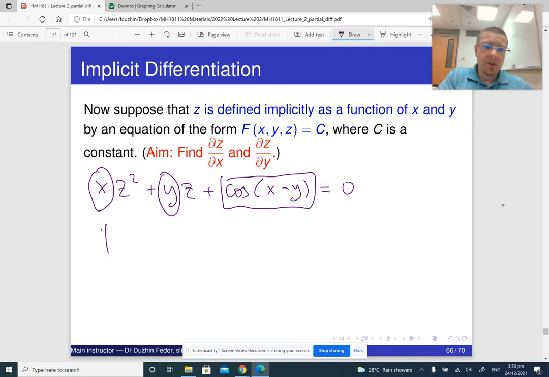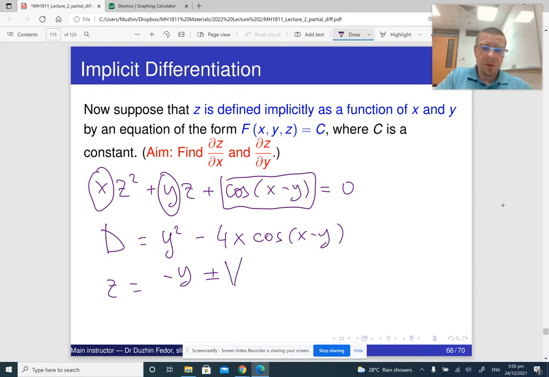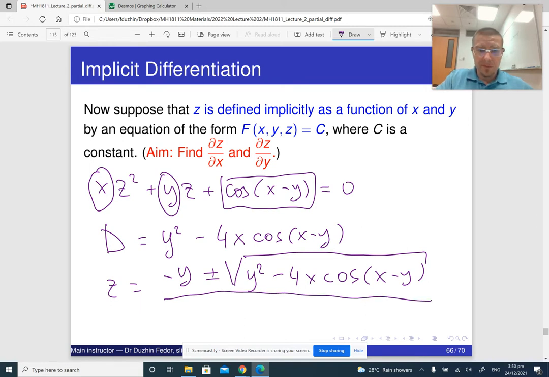So the discriminant is the coefficient at z, which is y squared, minus 4 times the coefficient at z squared, which is x, times cosine of x minus y. And z is going to be minus y plus or minus the square root of the discriminant, y squared minus 4x cosine of x minus y, divided by 2x.